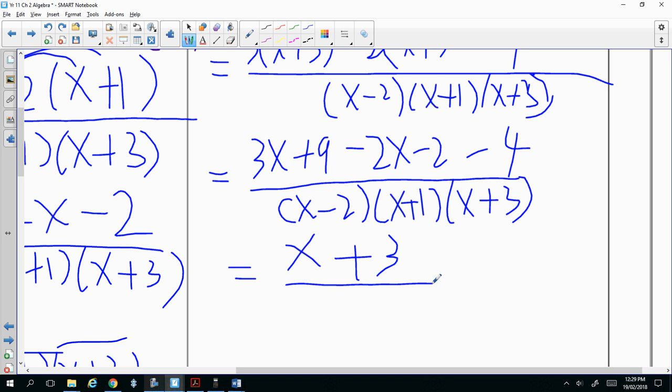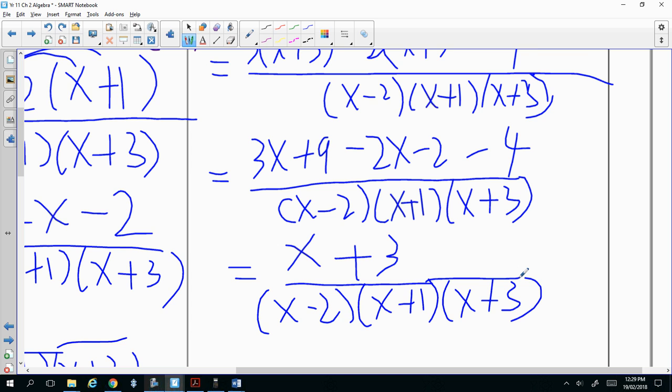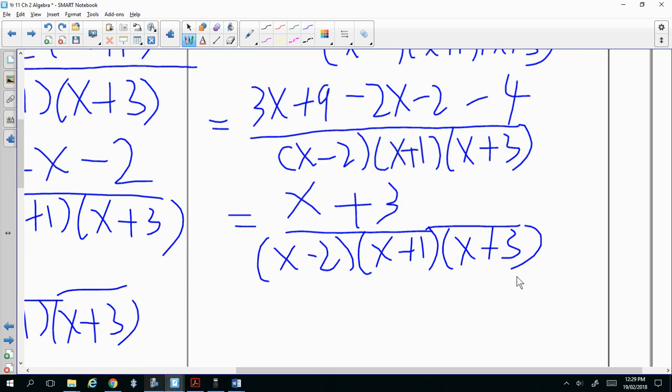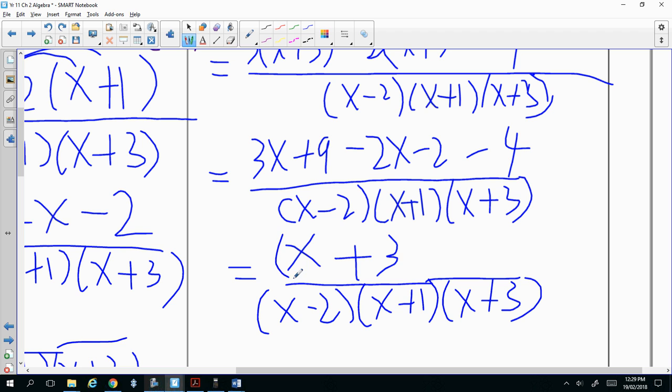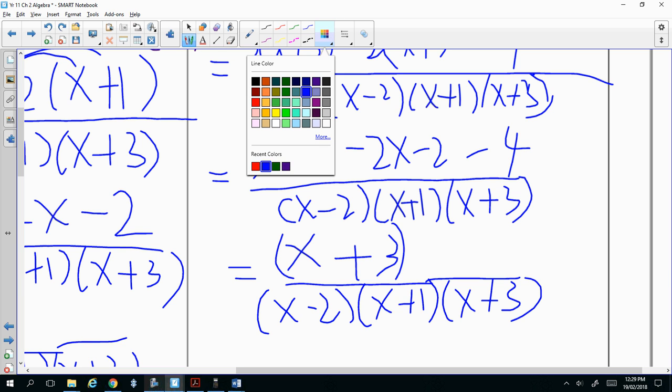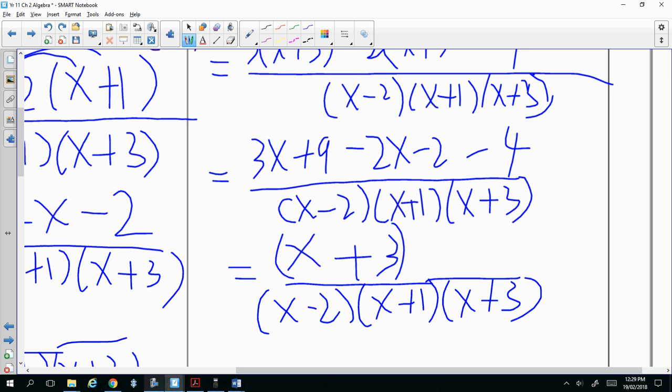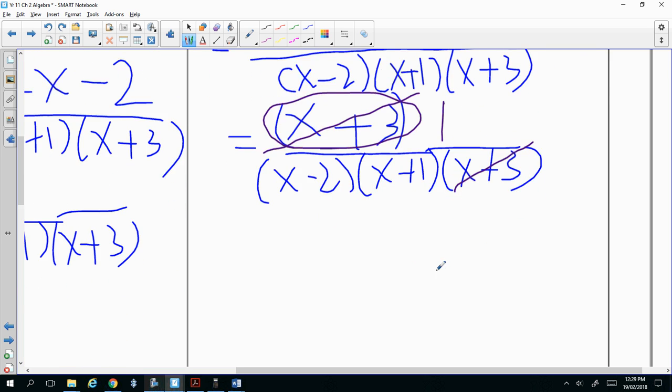If they're the same, it means you can cancel. You can't cancel individual terms, but you can cancel all in one group. Yeah? Like that. So they're the same, you get 1. So your final answer will be 1 over x minus 2, x plus 1.